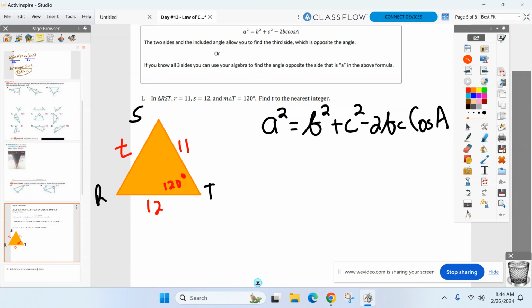A, B, and C. Those are your three sides. But I have to make sure we understand that's not side A, side B, and side C. Because look, what's this triangle called? We're already out of luck. So that does not mean side A, side B, side C. What it means is A, whatever side we put on the left side, that's going to be the side across from the given angle.